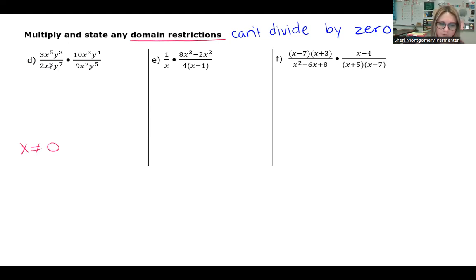What can y not be equal to? 0. Y cannot be equal to 0 either.